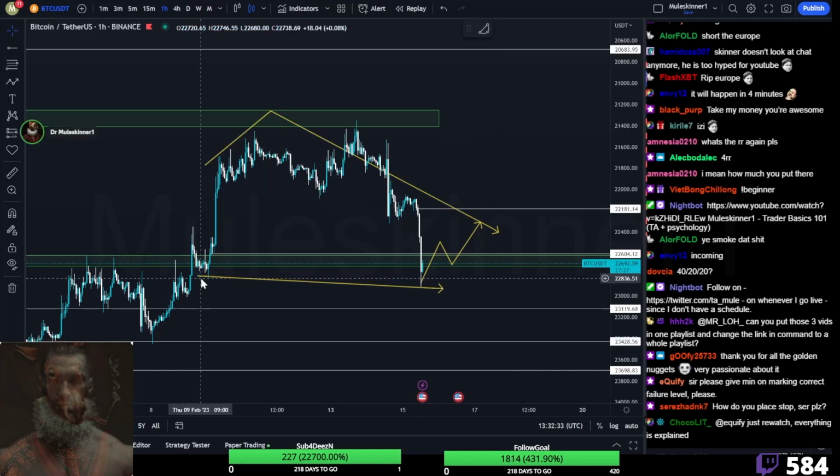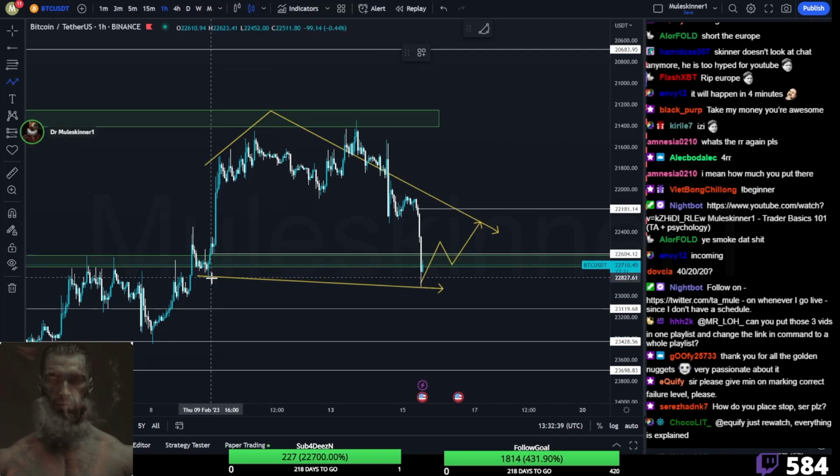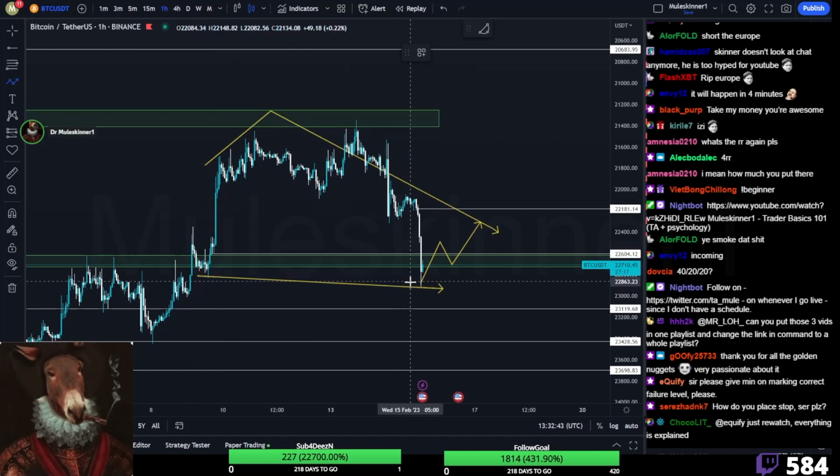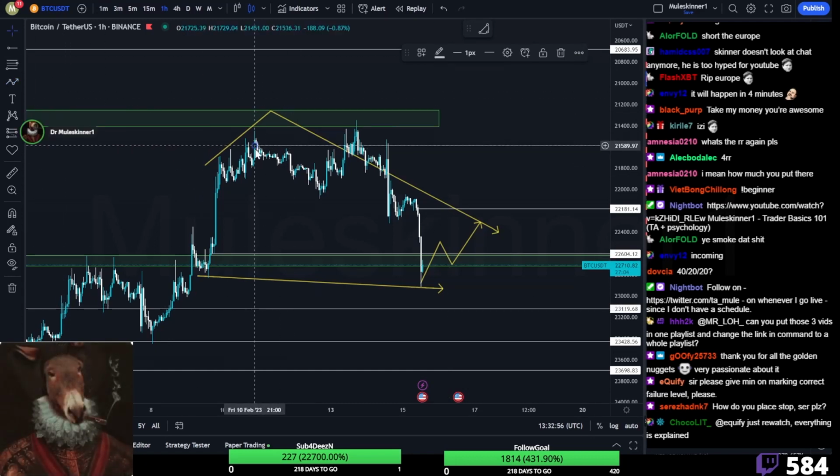Because we made a new low, lower than this one, and also lower than this one. So as soon as we made a new low, you're looking for a potential retest. So the idea that if we make lows, we're going to go lower isn't necessarily correct, because it depends on what we did on the top side, which people dismiss.